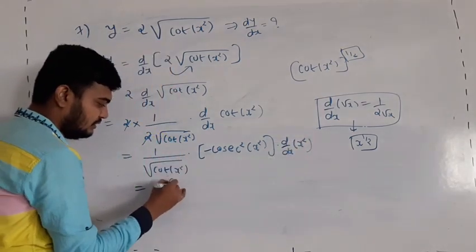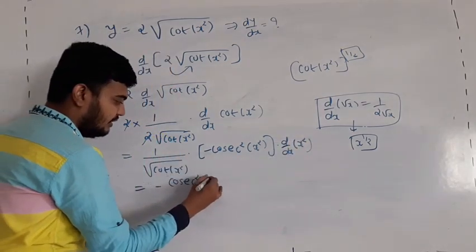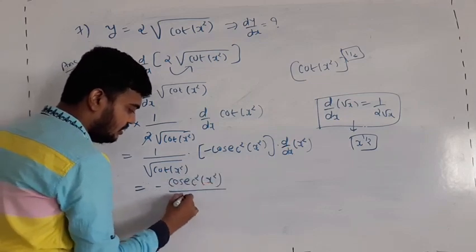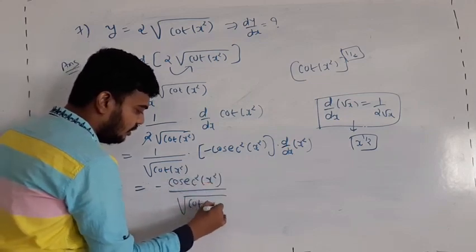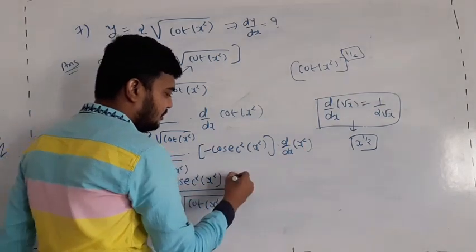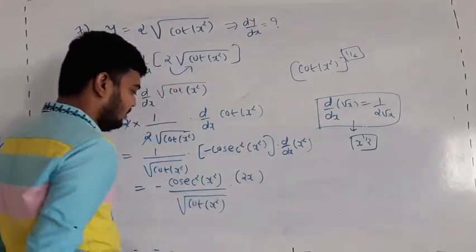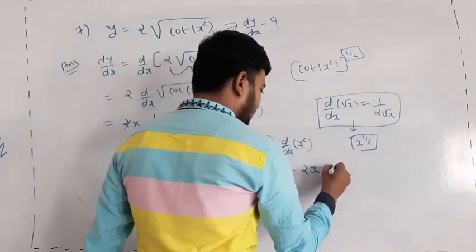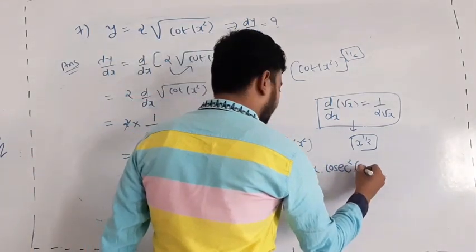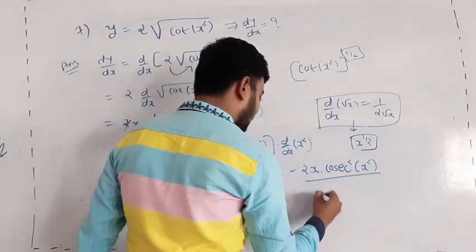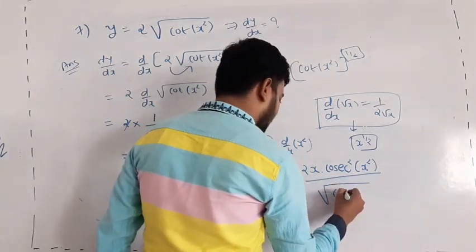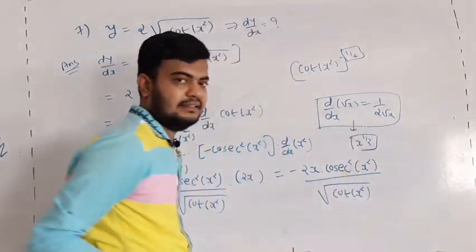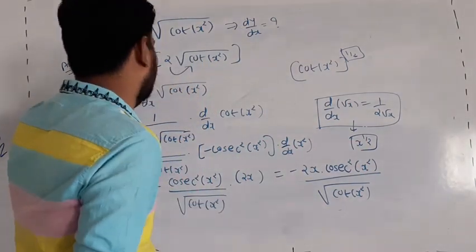So minus cosec square of x square whole upon under root cot of x square, and the differentiation of x square is 2x. So our final answer is minus 2x into cosec square of x square whole upon root cot of x square. It is the answer of this question.